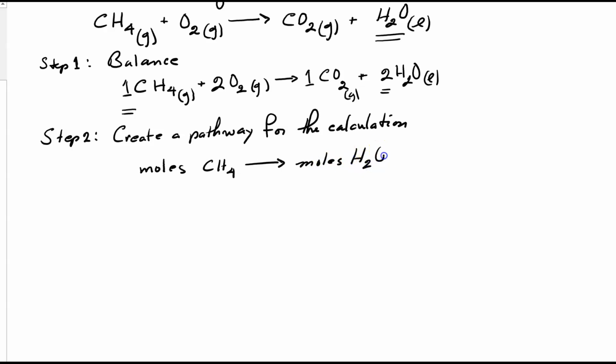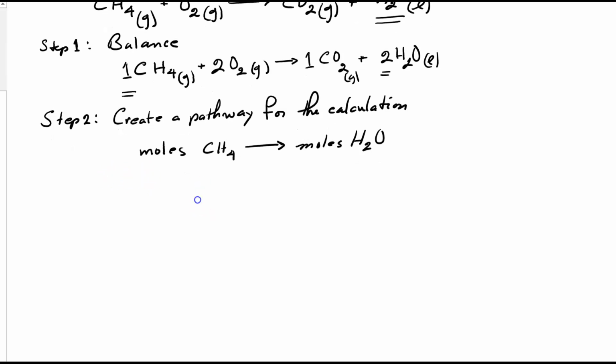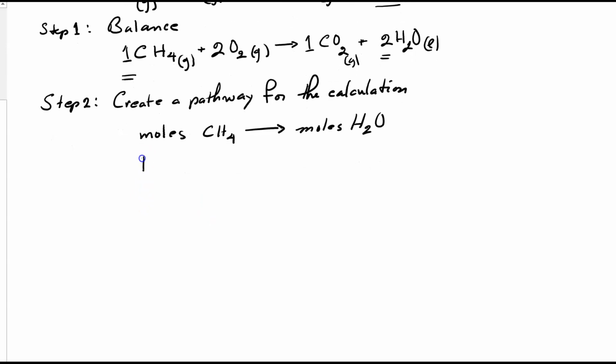Now in this case, it's fairly straightforward because in the balanced reaction, we simply have this relationship that says for every 1 mole of methane, we're going to end up with 2 moles of water.